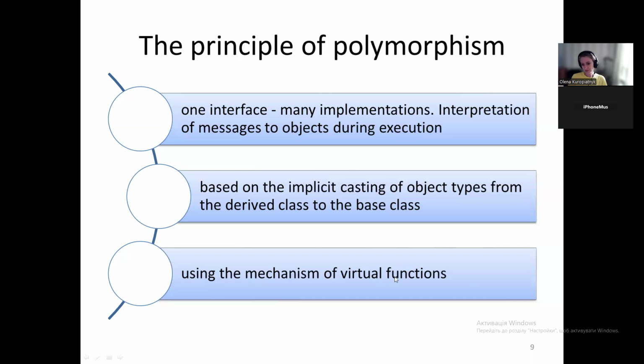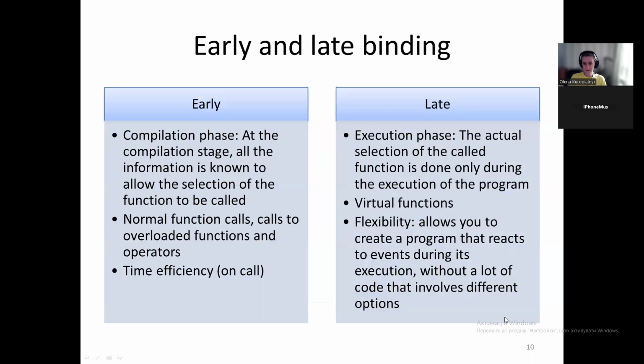Virtual function is a must have for this principle. When we use polymorphism, we can have two kinds of binding, early and late. And the main idea of this type of binding you can see in these slides.